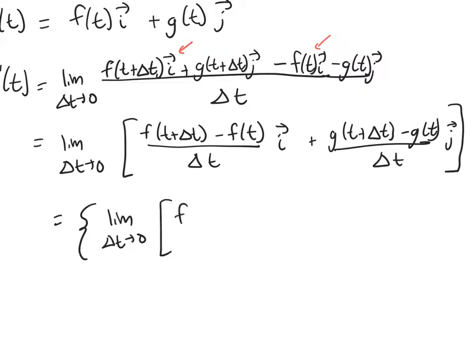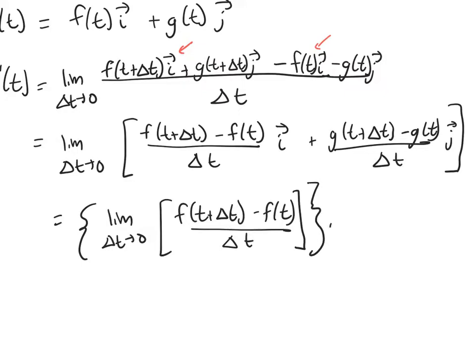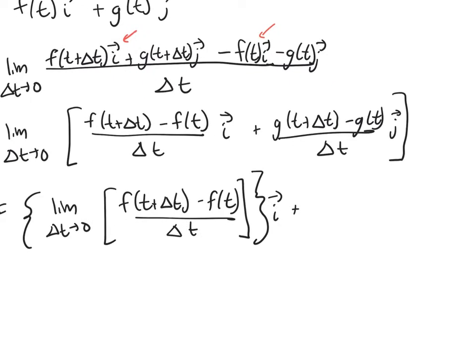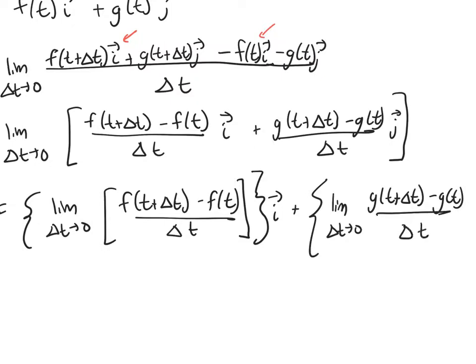So it's the limit of f of t plus delta t minus f of t over delta t i, plus, now taking the limit in the second component, the limit as delta t goes to 0 of g of t plus delta t minus g of t over delta t j.